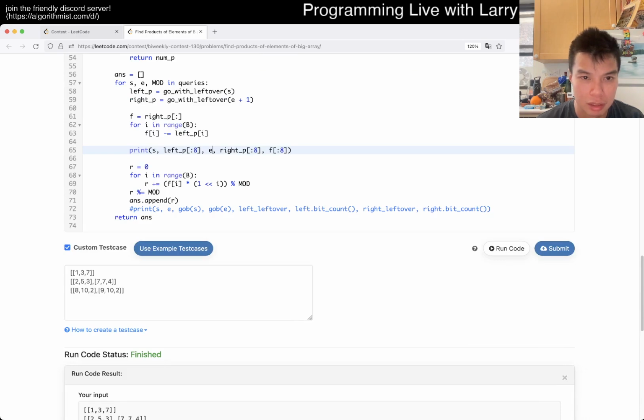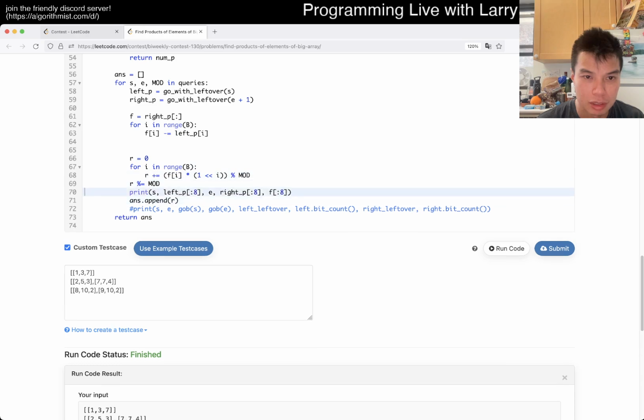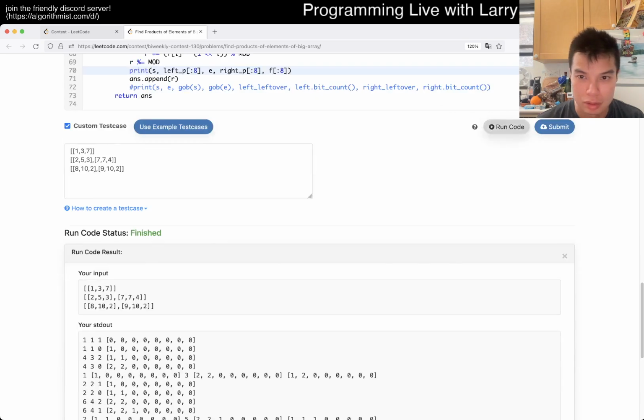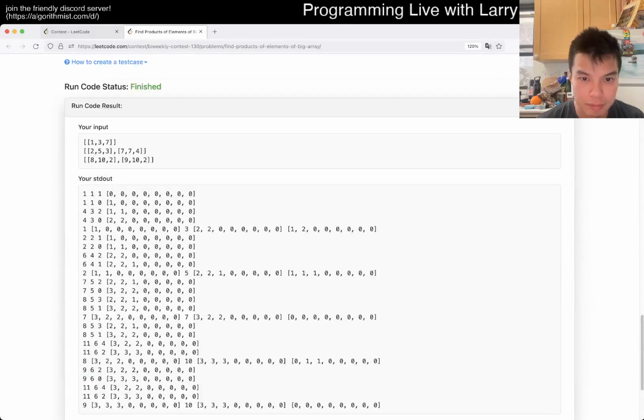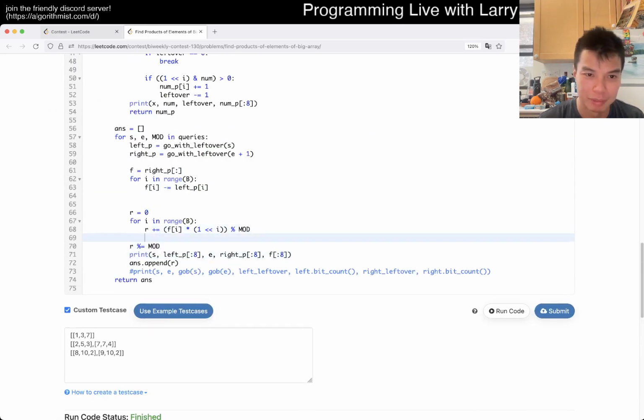Huh? Tell me why? Two twos is 4, right? What? Am I debugging everything?